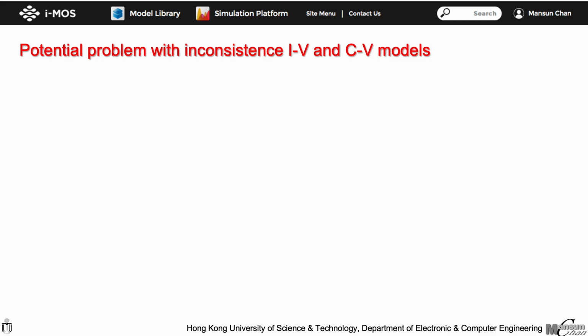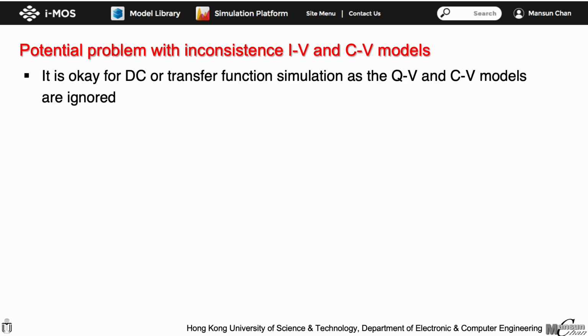What potential problems will such model inconsistency cause? It actually depends on the purpose of the simulation. It will not cause any problem in DC or transfer function simulation. It is okay, as the QV and CV models are not used.